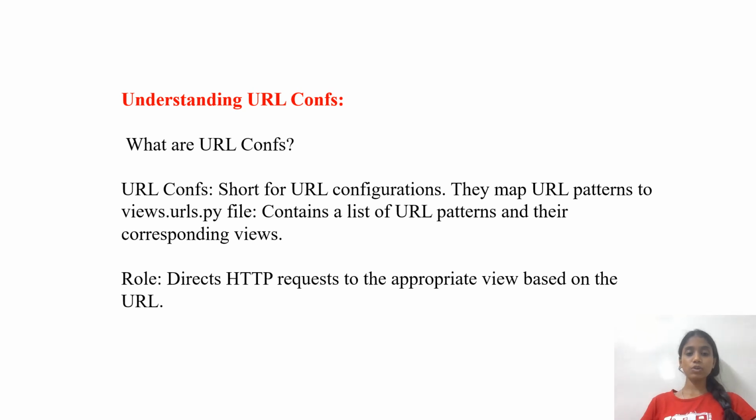So, understanding the URL configurations. What are URL configurations? URL configurations, short for URLconf, map the URL patterns to the views in urls.py. It is the file which contains a list of URL patterns and their corresponding views.